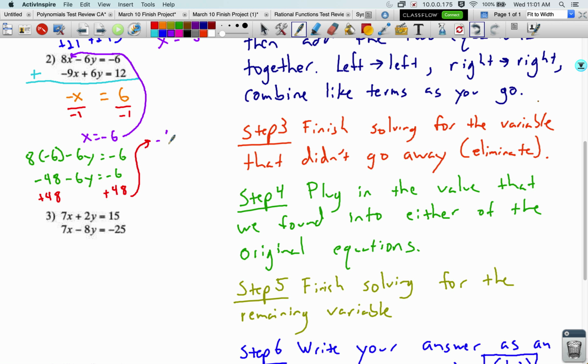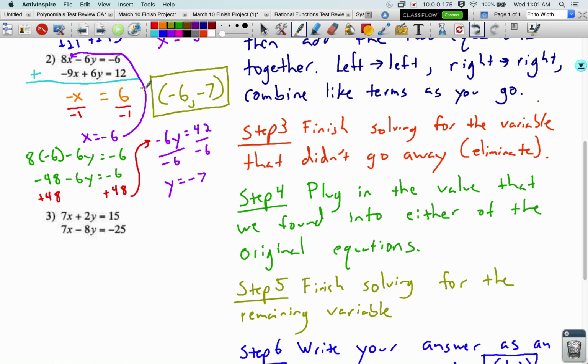And I get negative 6y equals 42. Divide by negative 6, divide by negative 6. Y equals negative 7. All right. Now that I've got a value for x and y, I can write it as an ordered pair. Always x comma y, so negative 6 comma negative 7.